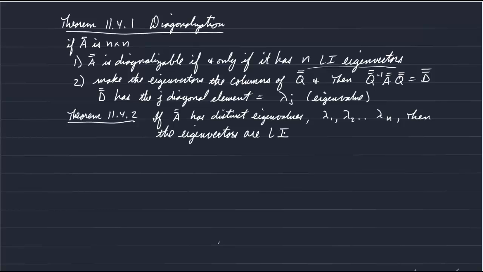The eigenvectors are orthogonal to each other if all the eigenvalues are distinct.